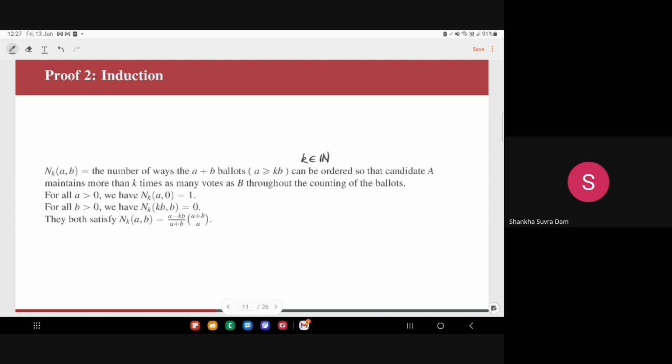But we want to count the number of ways where, while the process is going on, the number of votes for A is strictly greater than k times the number of votes for B. Okay. So the base cases for induction are these, and they both satisfy this formula. You can just plug in a is equal to kb here, and a is equal to whatever a, and b is equal to 0, and just check this.